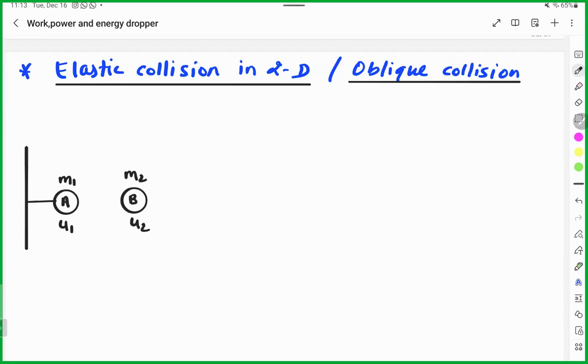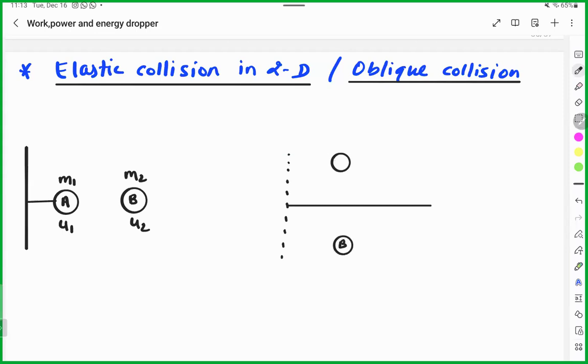When they collide on the x-axis, what will happen? They will move obliquely. Compared to the x-axis, one body, example A, is moving in this direction, and B is moving in that direction.